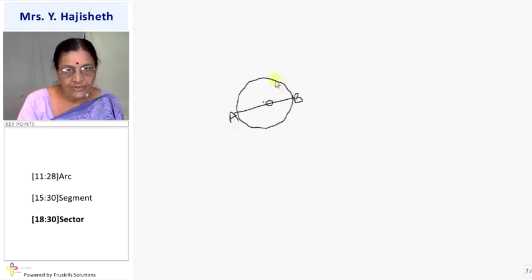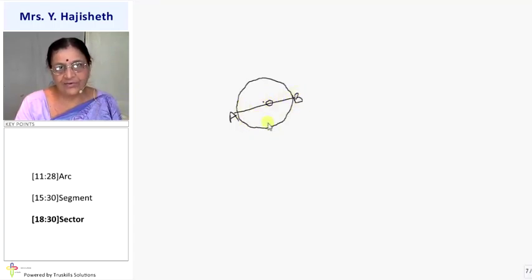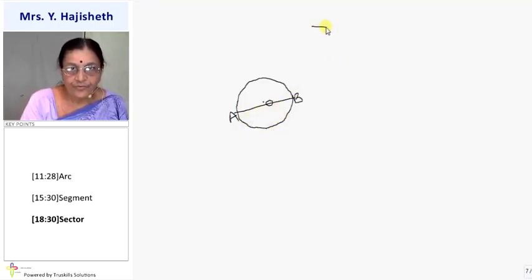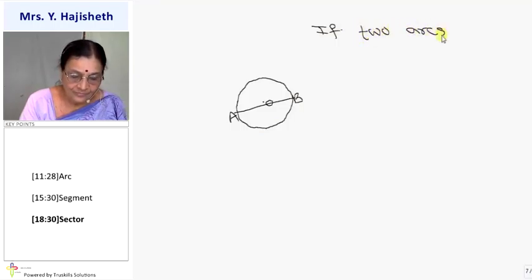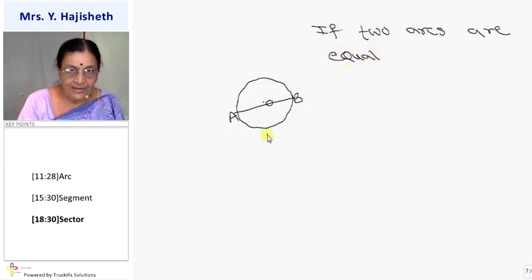Here both the segments and both the sectors are the same, because the arc with two radii is this semicircle, and the chord with the arc also covers the same region. Arc APB and arc AQB are both equal.